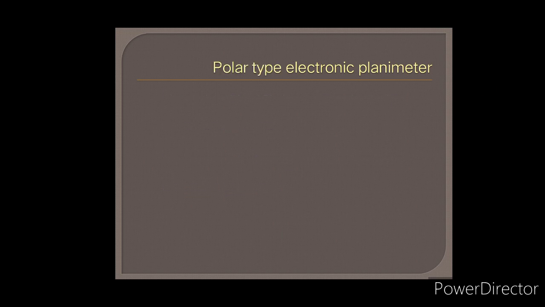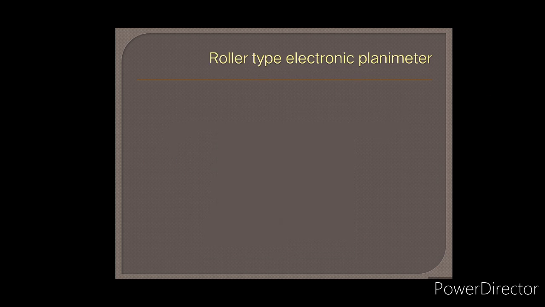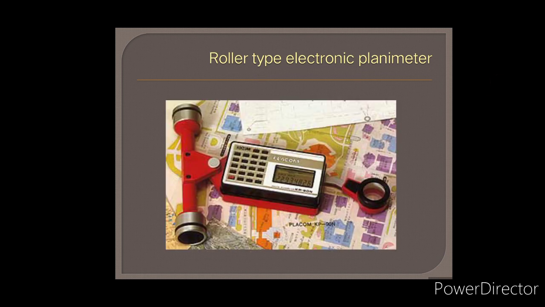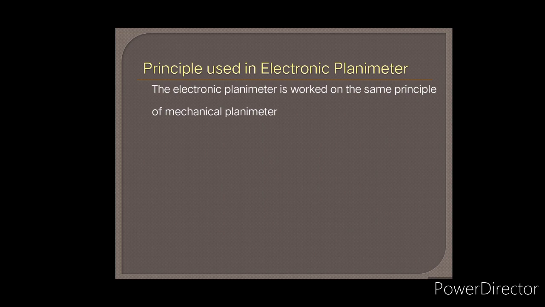This is the polar type electronic planimeter, and next one is the roller type planimeter. The principle used in the electronic planimeter is the same principle we use for the mechanical planimeter, that is rotating around the boundary.